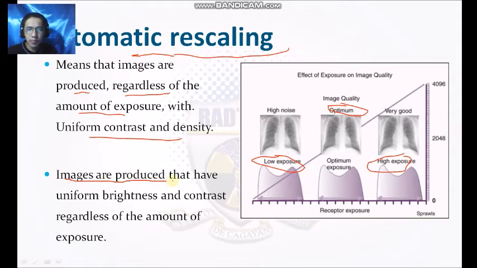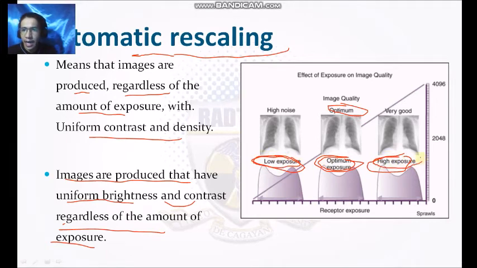Images are produced that have uniform brightness and constant contrast regardless of the amount of exposure. For example, in these different types of images, you have the optimum exposure, that is the required exposure for the examination. You have a low exposure technique, and then last you have a high exposure technique.